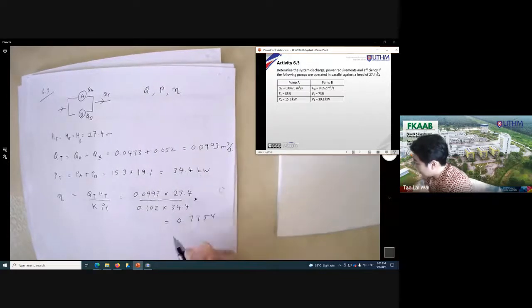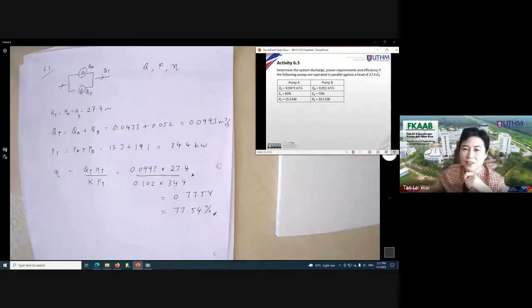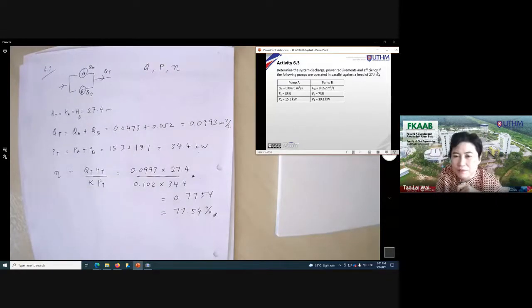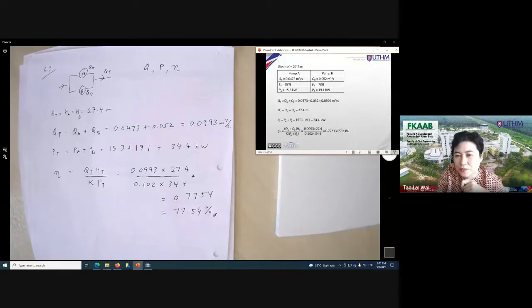Okay, so I could rewrite this value in terms of percentage. I will write it as 77.54%. All right, that's it. It's very straightforward. So let's look at the next one.